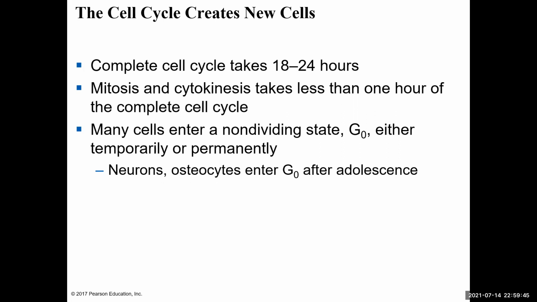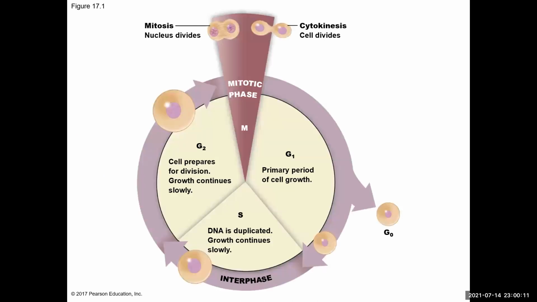Some cells can also enter what's called a non-dividing state, G sub 0, and they can do this either temporarily or permanently. So for example, after we finish growing after adolescence, our neurons and our bone cells, our osteocytes, will enter that non-dividing state, and they will not divide anymore after that.